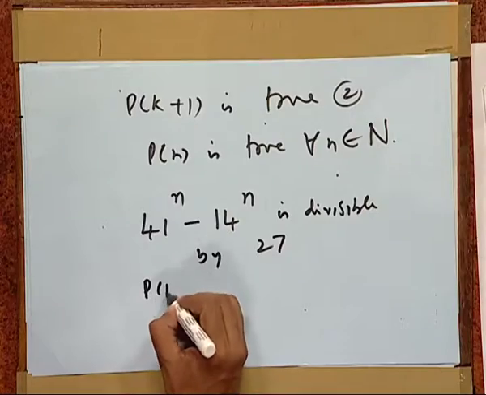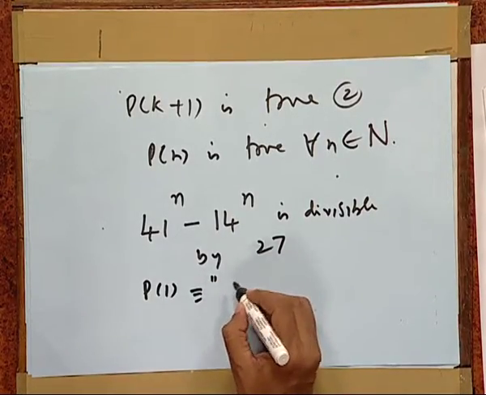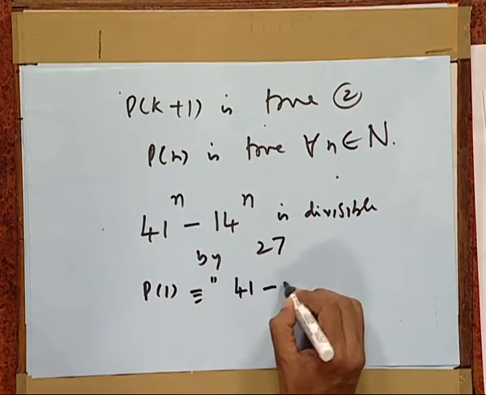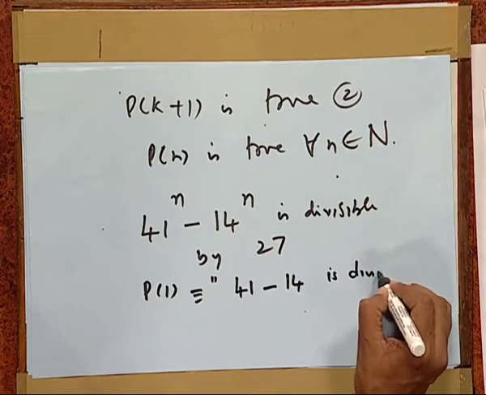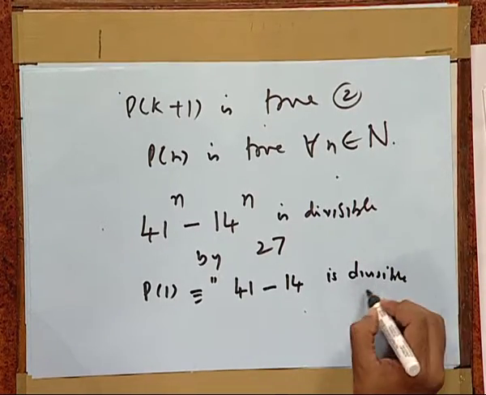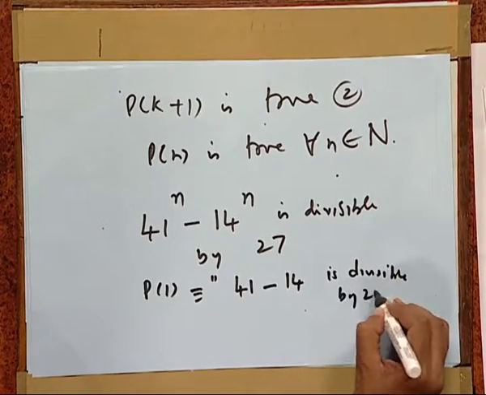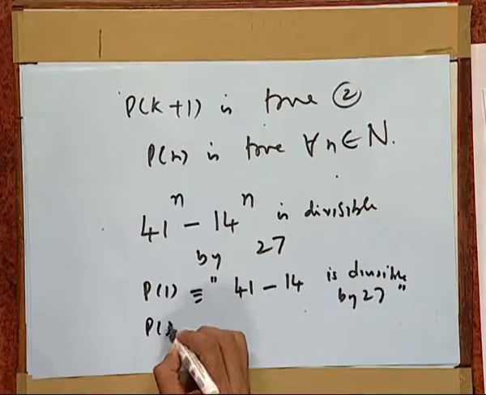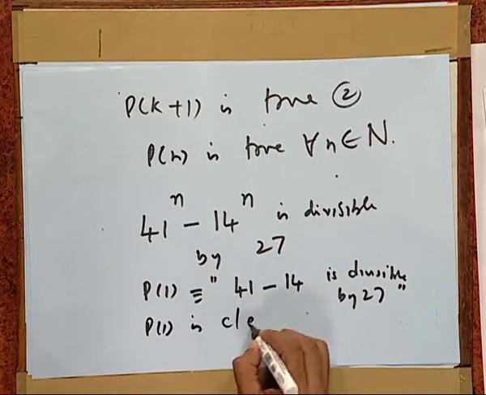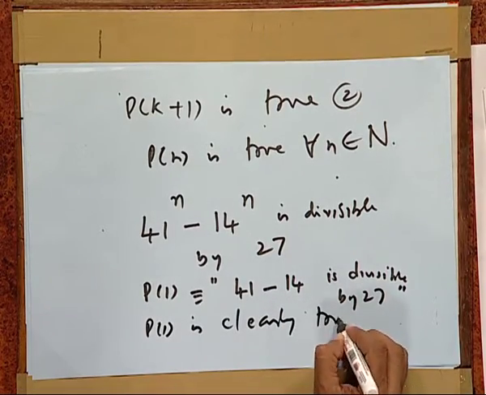So, P1 stands for 41 minus 14 is divisible by 27, which is true obviously, because the number itself is 27. So, P1 is clearly true.